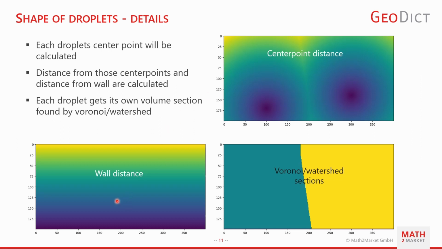Also, we will calculate all the distance from the surfaces, from the walls, and we get something like this down here. And also we will do each calculation inside each droplet's own Voronoi section. So we will subdivide our volume into smaller sections where only one droplet will live.